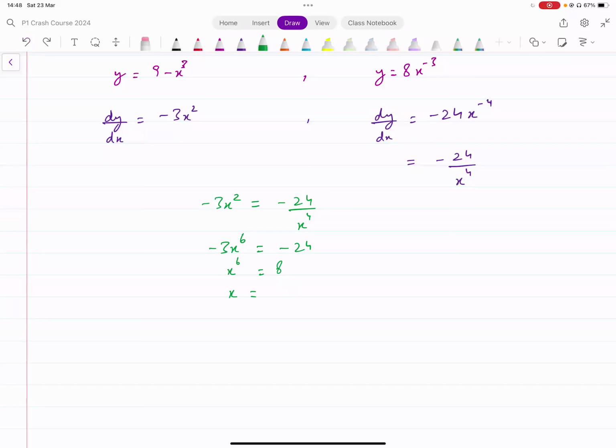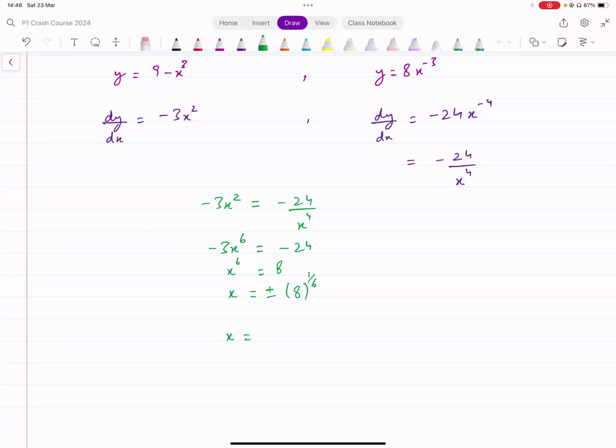But remember, whenever you take an even root, just like taking a square root, any even root, square root, fourth root, sixth root, you always put plus minus. So you would say x is equal to plus minus 8 raised to power 1 over 6, or sixth root of 8. And you can see what this value turns out to be.